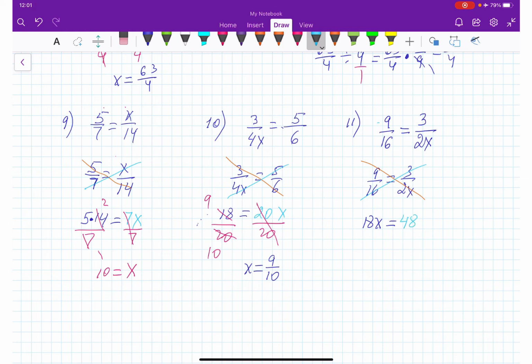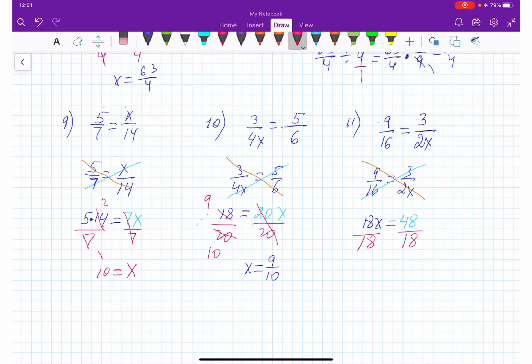Okay, so next we have to divide. 18 and 48, both of them I can divide by 6, right? Let me divide by the entire 18. Actually, I was building the proportion in my mind again, sorry.